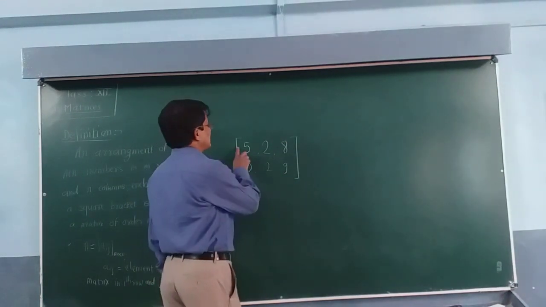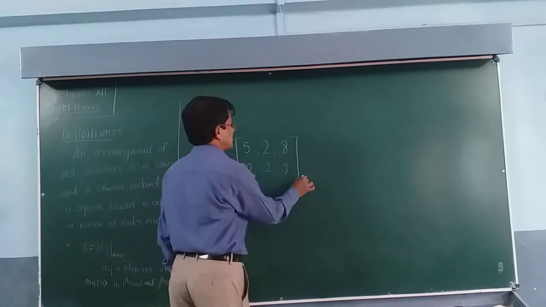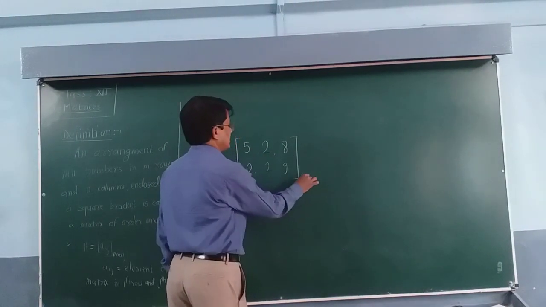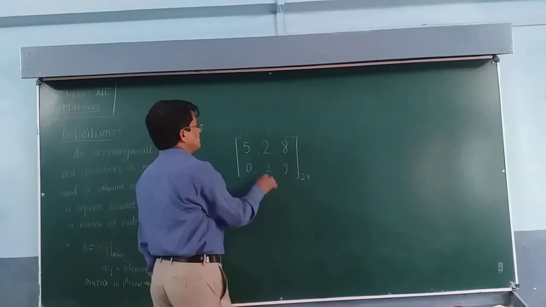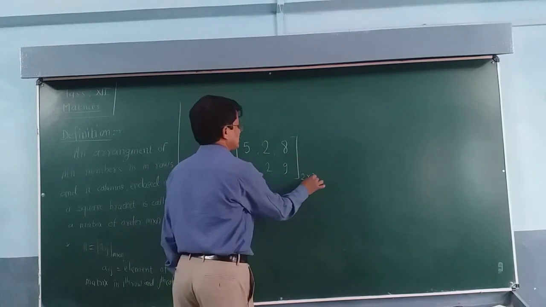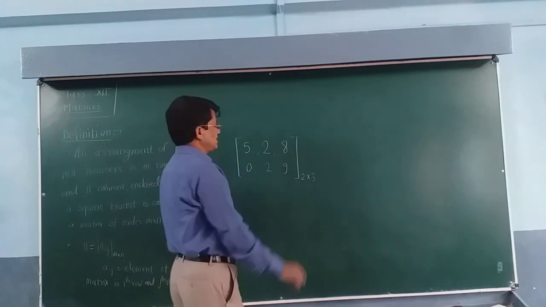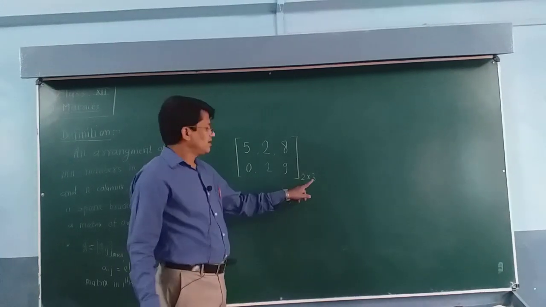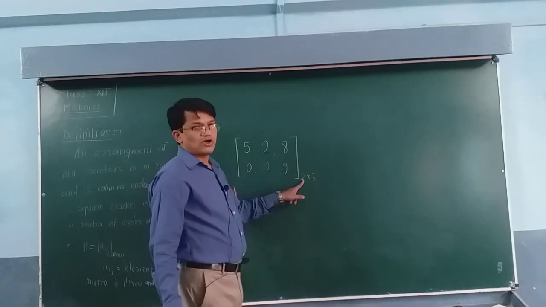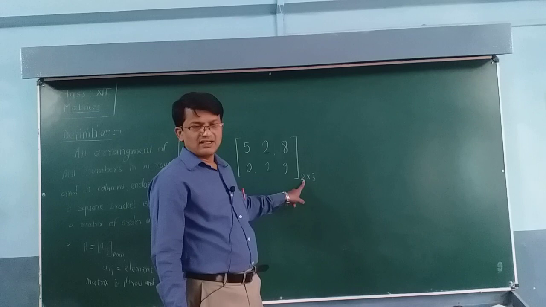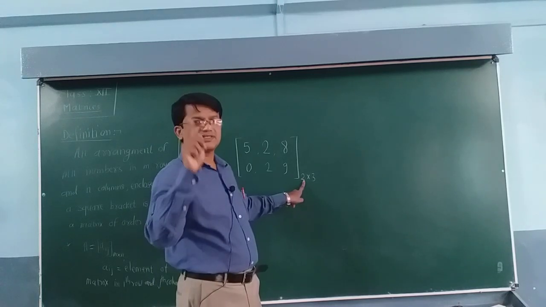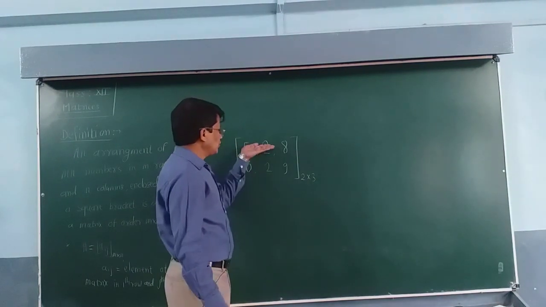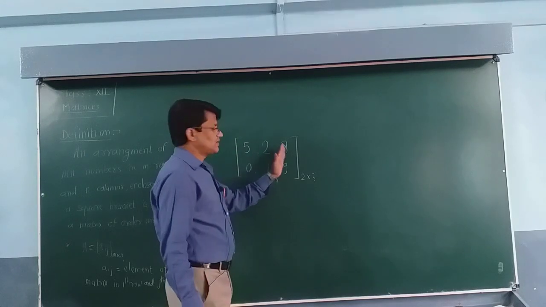So how many rows? Row number 1, row number 2, so 2. Here column number 1, column number 2, and column number 3, so write 3 here. So this is the order. 3 multiplied by 2, how much? 6. Means arrangement of 6 numbers in 2 rows and 3 columns.